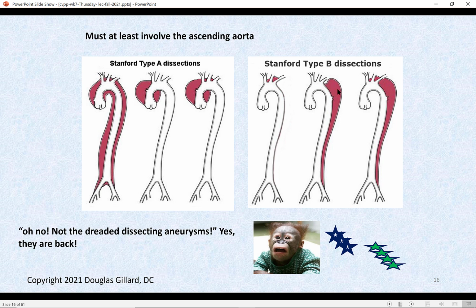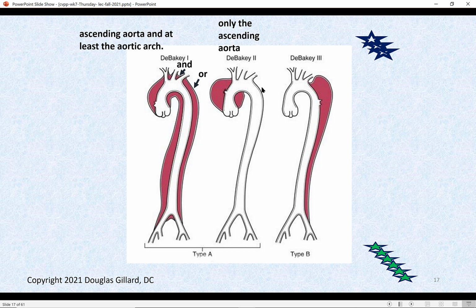Stanford B cannot involve the ascending aorta. Anything that doesn't involve the ascending aorta, but it's somewhere else, that's a Stanford B. DeBakey 2, I like to start with, only involves the ascending aorta. The dissection is only in the ascending aorta. DeBakey 1, it has to involve the ascending aorta, and it must progress.